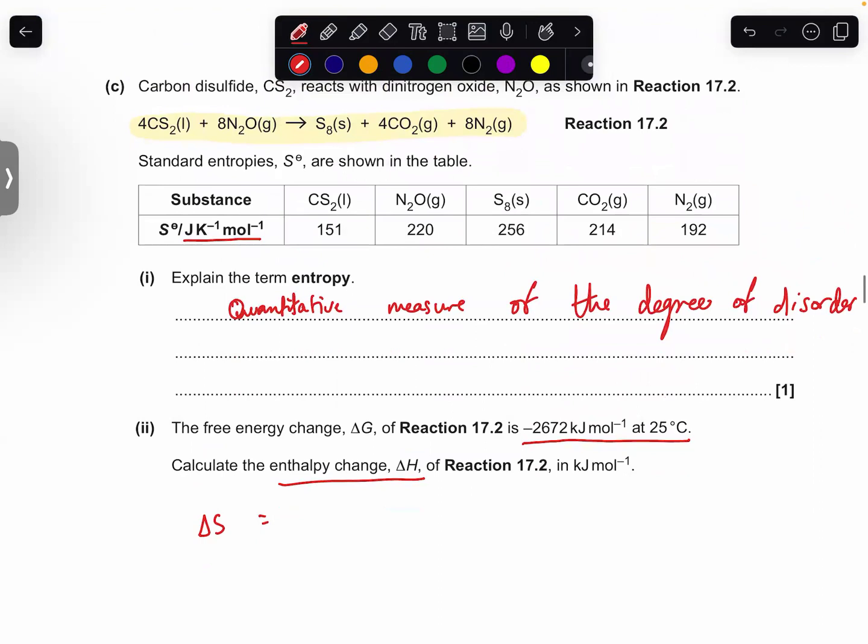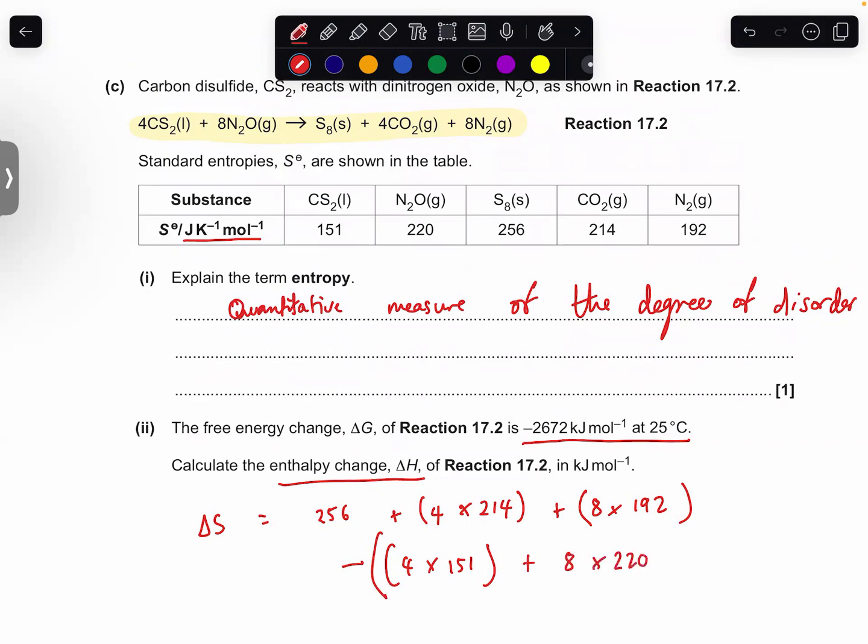6 plus 4 CO2 plus 8 times 192 and minus, that's your products, minus 4 times 151, let's put double brackets, plus 8 lots of N2, which is 220.